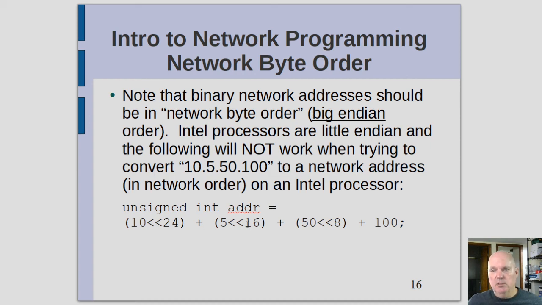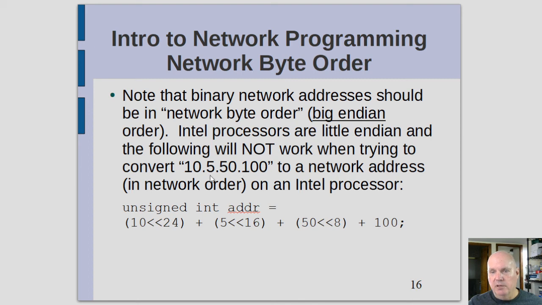Intel processors are actually little endian, which means that the most significant byte in a 4-byte int is actually stored at the higher address, and the least significant byte of a 4-byte int is actually stored at the lower address, so it would appear actually first in memory.